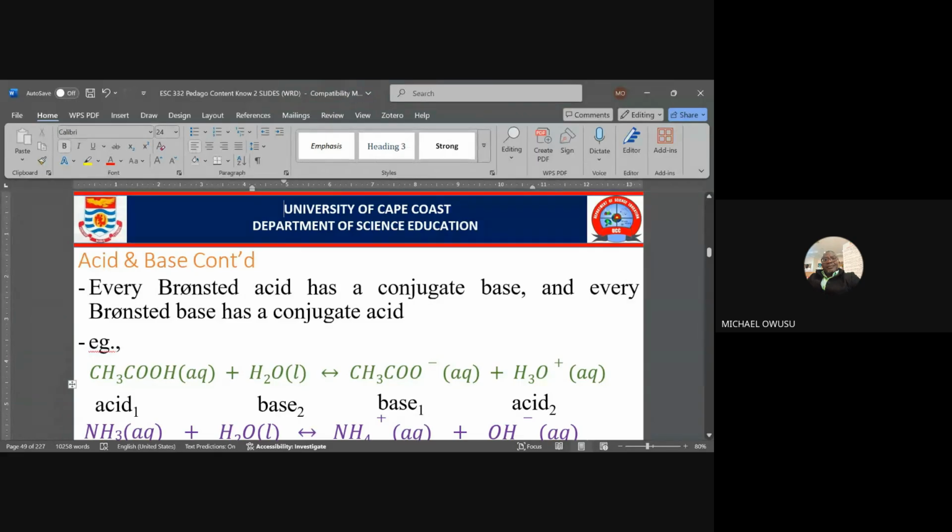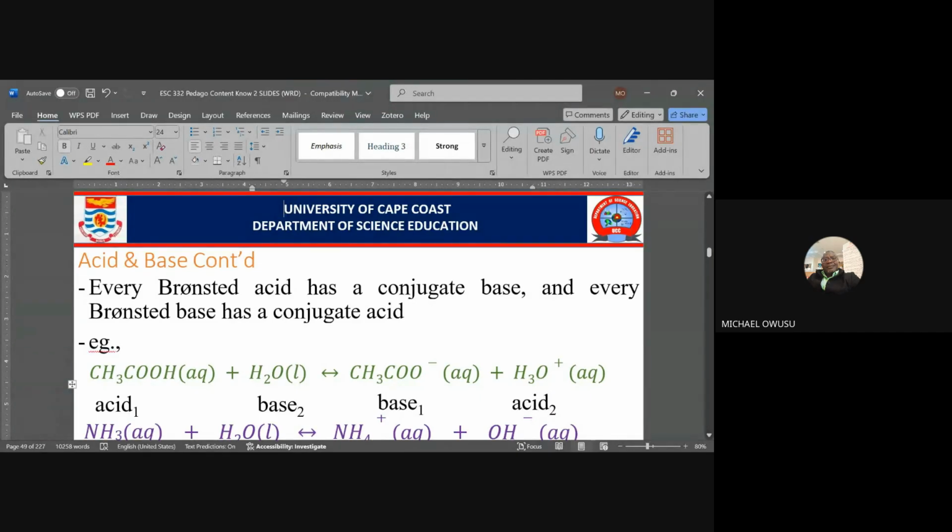If it's a donor, it's an acid. Good. So in going forward, its conjugate base becomes OH minus. You get it? That is how it is. After donating a proton, that substance is an acid.